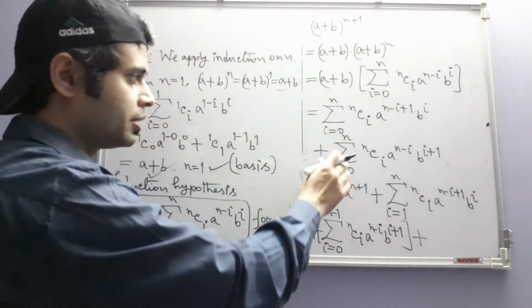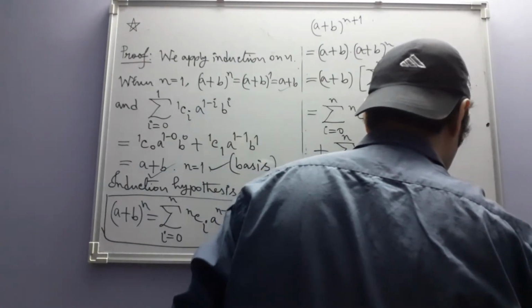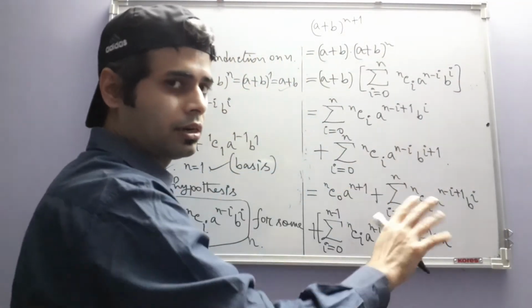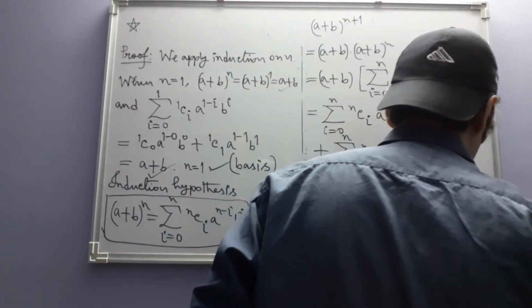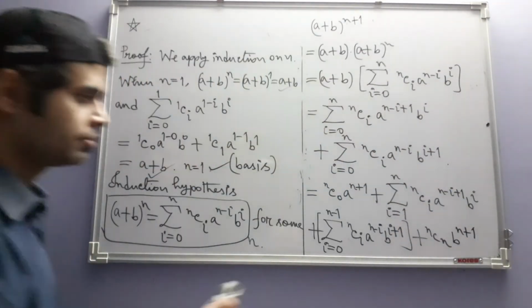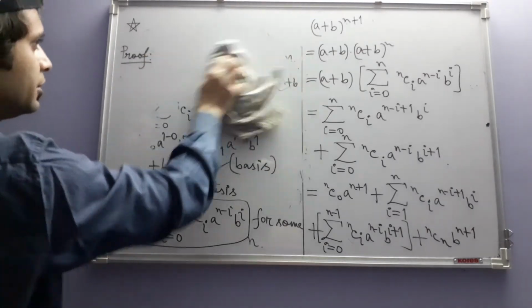The last term here will be obtained by putting i equal to n. So nCn. Here if I put i equal to n, a to the power 0 will be there but it's 1. So b to the power n plus 1. Okay, now I have to continue from here.